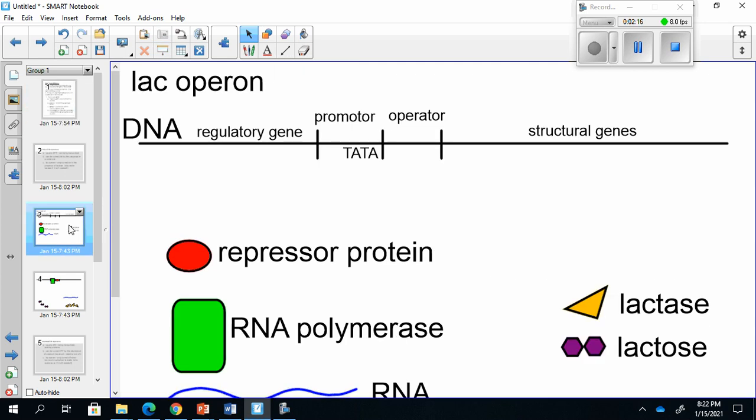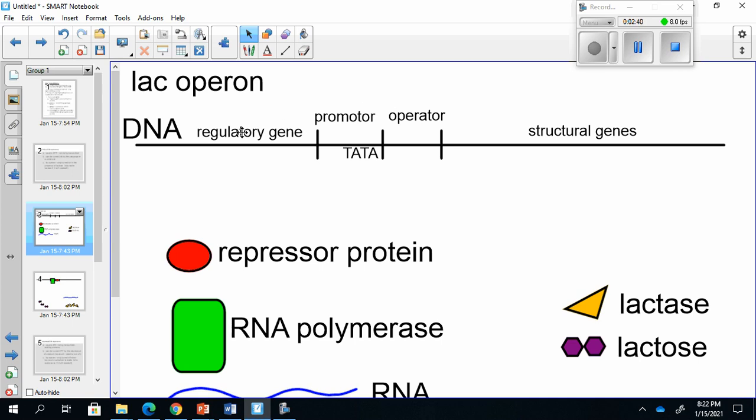All right, so here is our picture. This is a Lac Operon that we're going to use for an example. And first, I'm just showing you what everything is. So this black strand right here, that's the actual DNA. So if I could look up close, it would be all letters like this TATA. It would be letters the whole way across. A's, T's, C's, and G's.